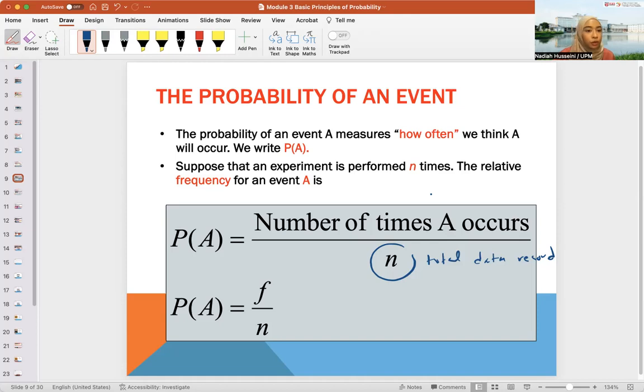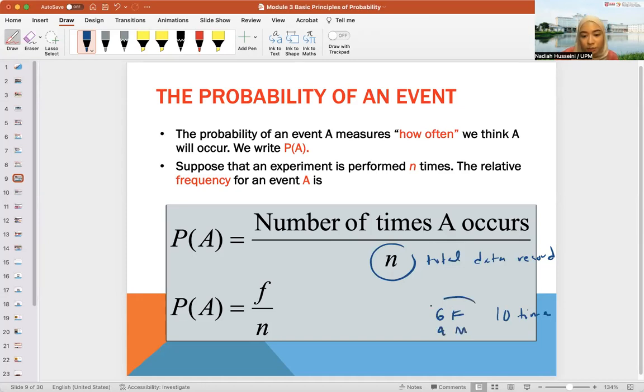So let's say you record data 10 times, you record 10 students in the class. What is the number of times that you encounter a female while you are recording this data? Let's say you have 6 females in the class and 4 males in the class.